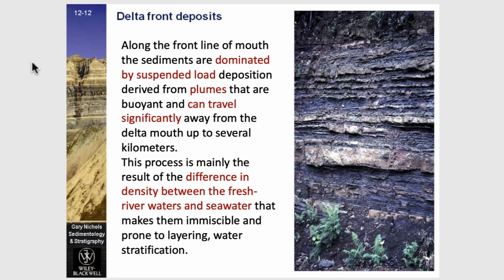So if you look at delta front deposits, we can see here an image that sort of is a repetition of what we were observing just a few seconds ago. So we tend to have quite a bit of mud that is interbedded with more sandy materials. So the mud is distinguished because it's usually darker in color, because it contains quite a bit more organic matter.